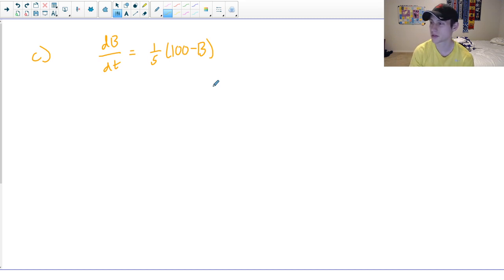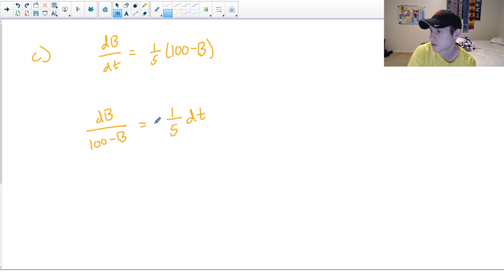It should pretty much strictly be multiplying or dividing to separate the two sides. So let's divide both sides by 100 minus b, and let's multiply dt on both sides so that I end up with this. I guess I'll go ahead and write this.